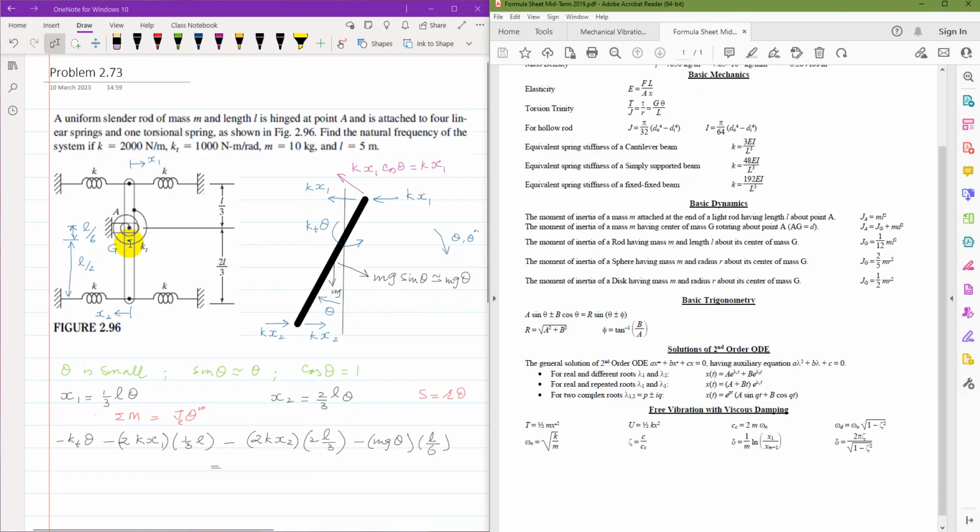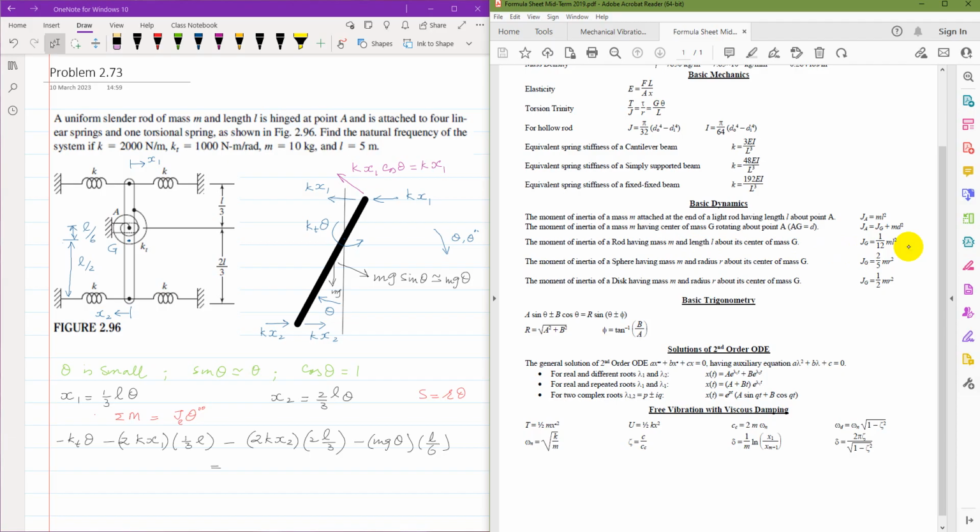Now, this rod is not rotating about its center of mass. So when it is not rotating about its center of mass, we use the moment of inertia of a mass m having a center of mass rotating about point A, where the distance between A and G is d, so J_A is Jg plus md squared. And for the moment of inertia of a rod having mass m and length L about its center of mass, Jg is equal to 1 over 12 ml squared.